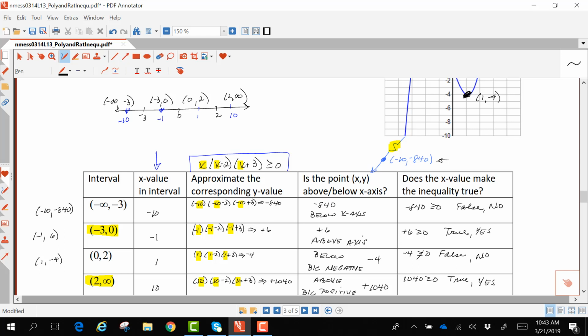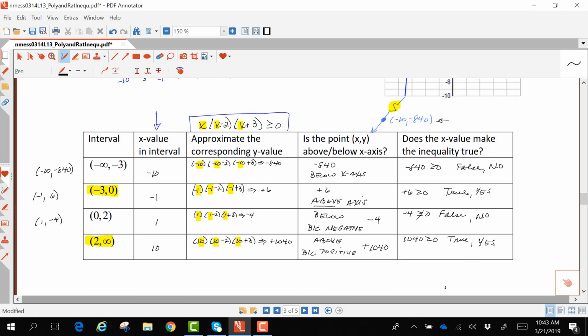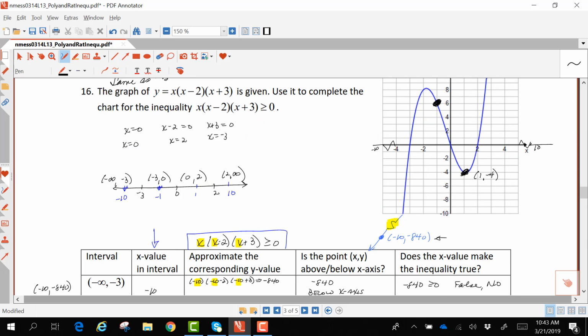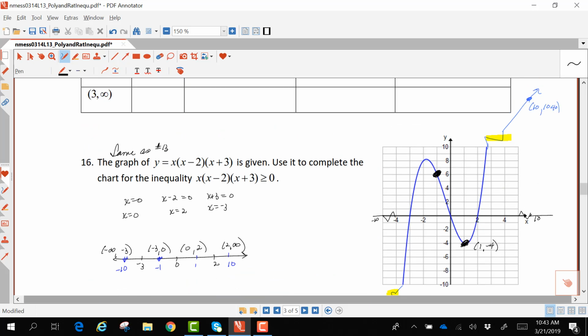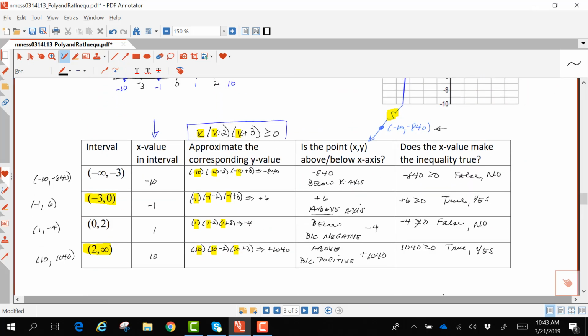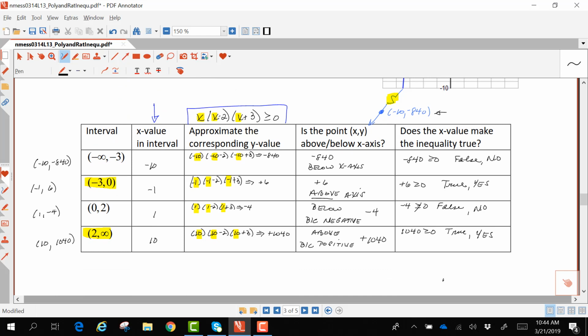And I may have misspoken, but the second row was above the x-axis. And the last point, 10, 1040, when you plot it off of the scale of the graph, you will take note that it is above the x-axis. Therefore, in the last column it says, does the x value make the inequality true or not?